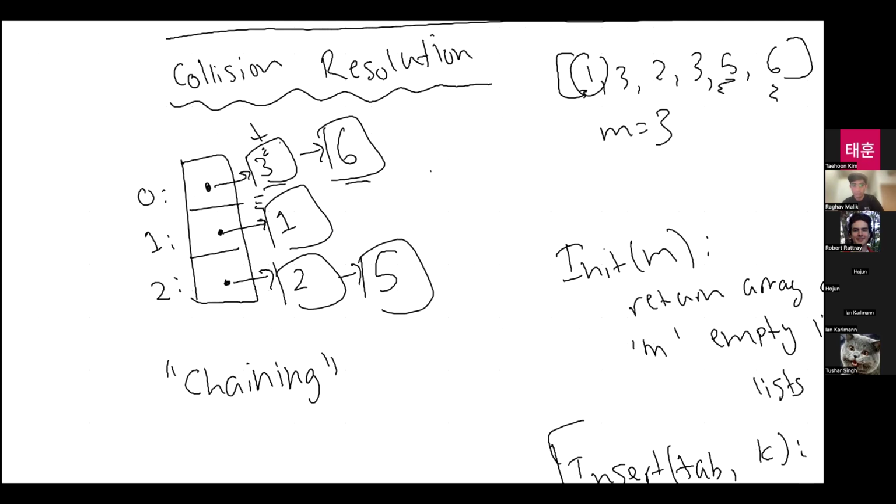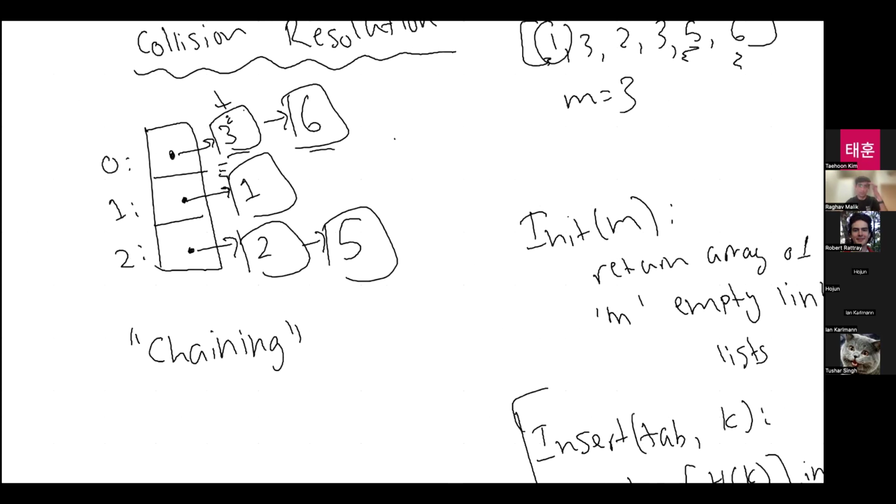So basically, all of the operations on this table now include this extra step of traversing over a linked list, but the upshot is I don't have to worry about two things colliding and overriding each other. Because when two things collide, I just add the second thing onto the end of the linked list, right?